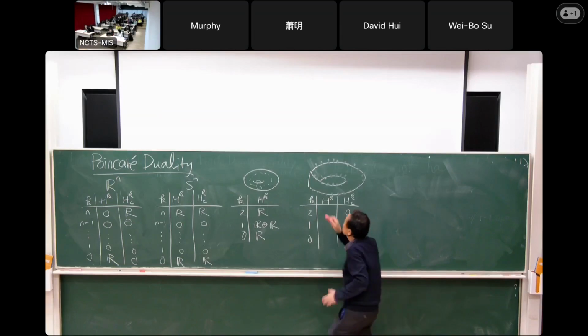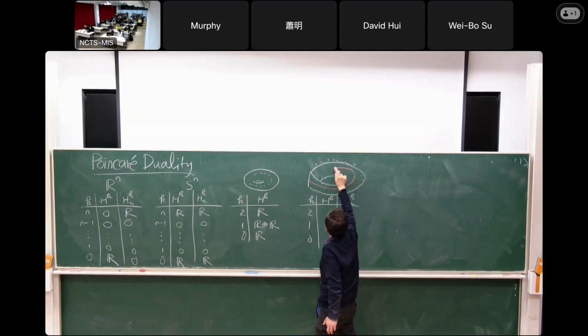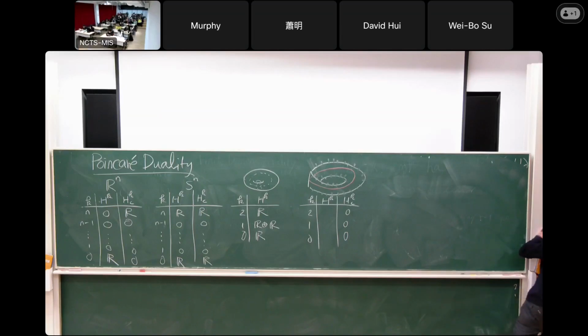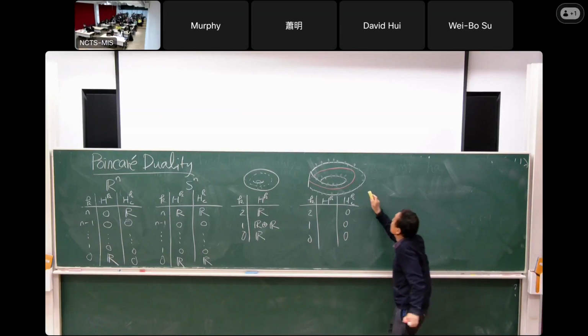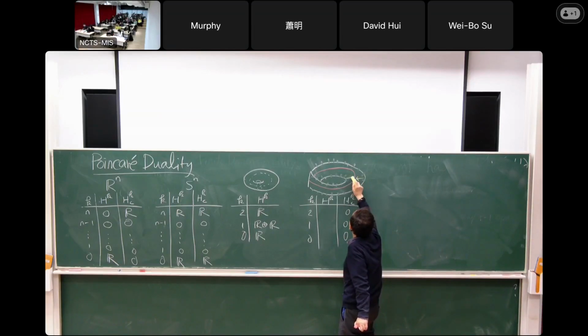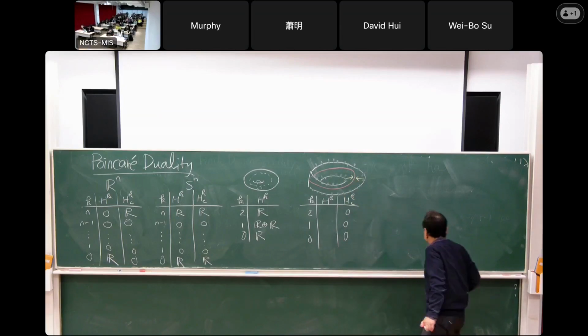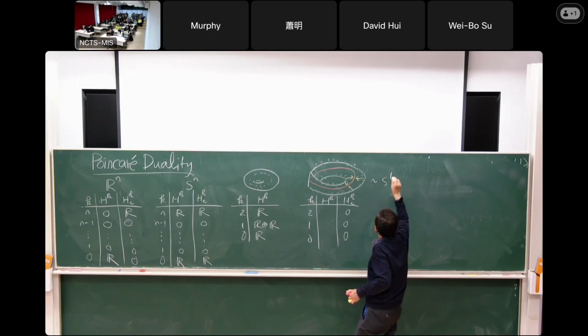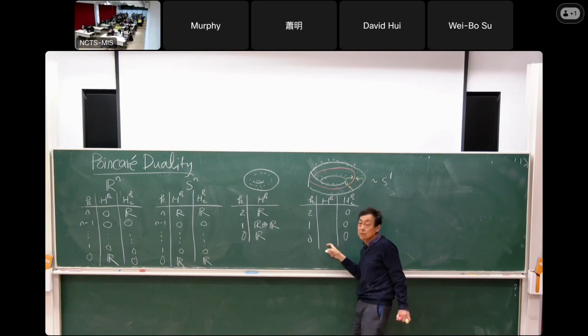S^1, because you have a center circle, and you can just deformation retract to the center circle. So it is homotopy equivalent to the circle, and the cohomology of the circle you know already. So tell me what these three things are.